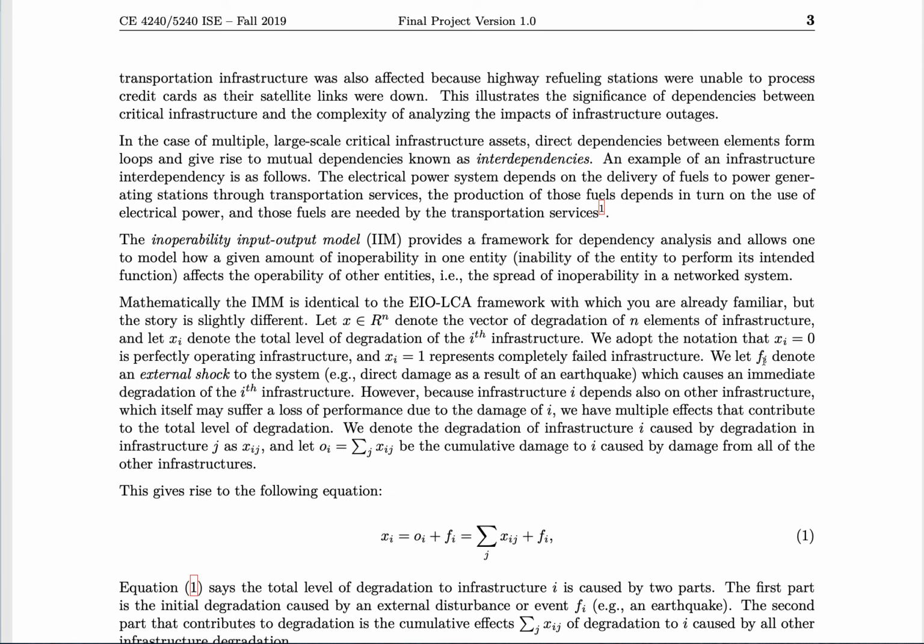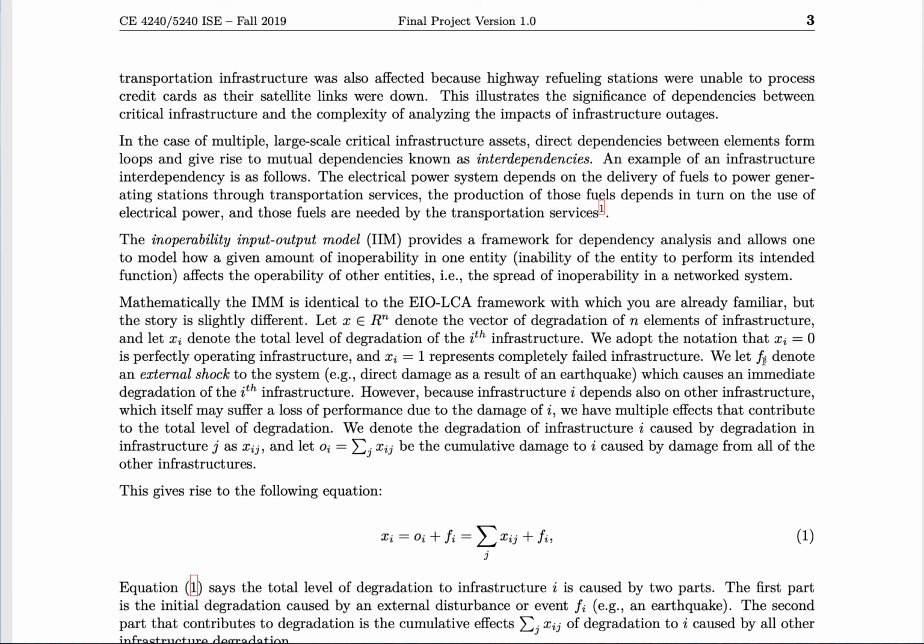What's harder to see, and what the model will help us tease out, is that the power network being out means the fuel network is going to be operating at a degraded state, and the fuel network operating at a degraded state may add additional damage to the power network, even in areas that initially had power and were not damaged by the earthquake.